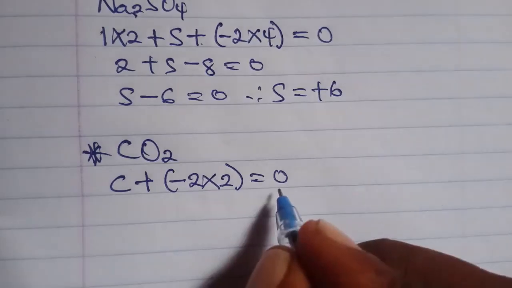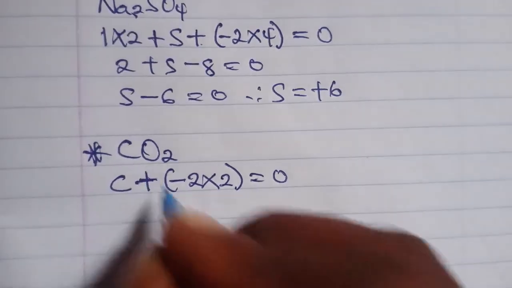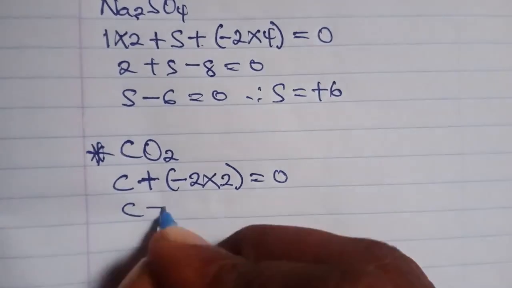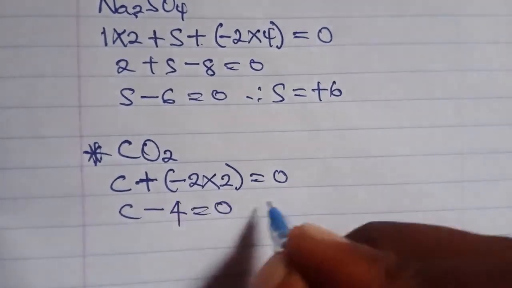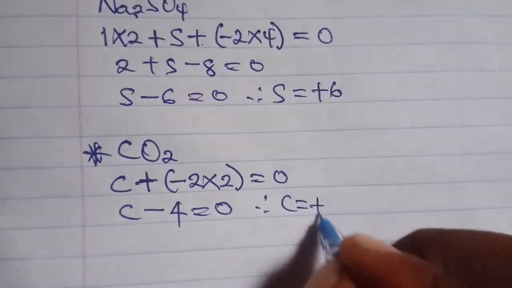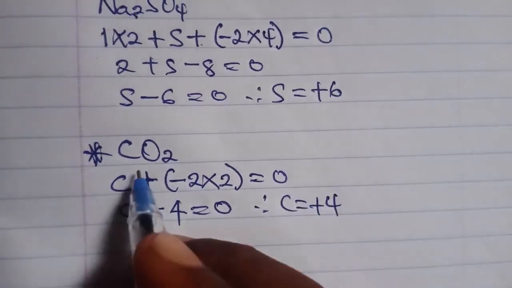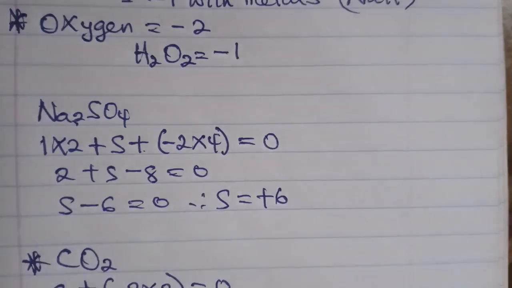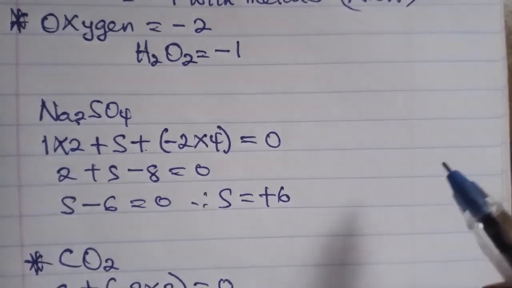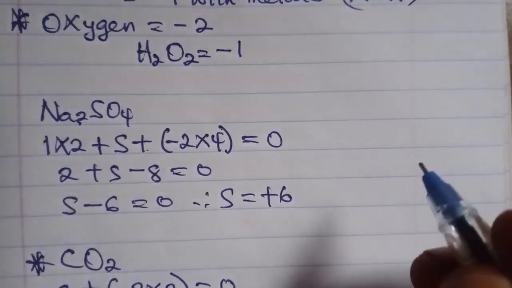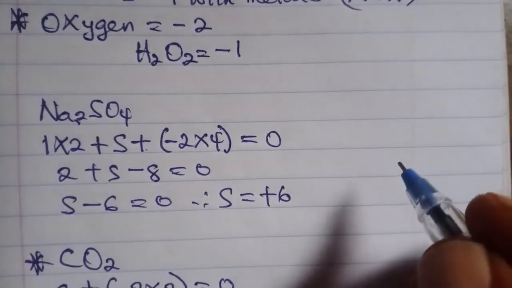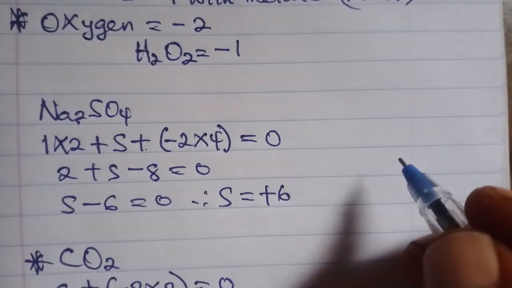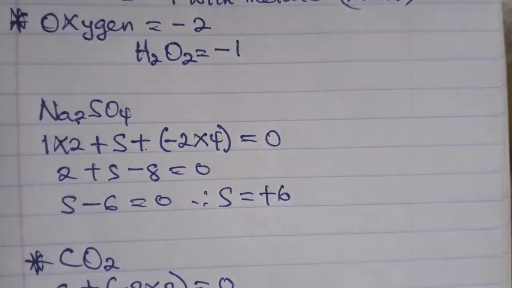Now, C - 4 equals 0. Therefore, C equals +4. That is why it is called carbon(IV) oxide. What this means is that oxidation number tells us about the degree of oxidation, that is the number of electrons gained or lost.